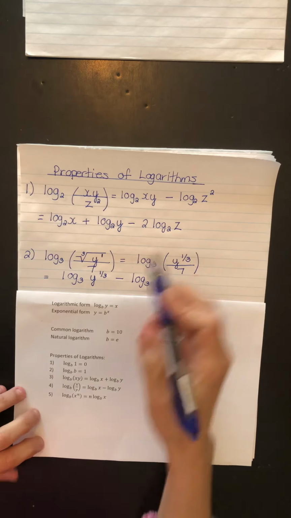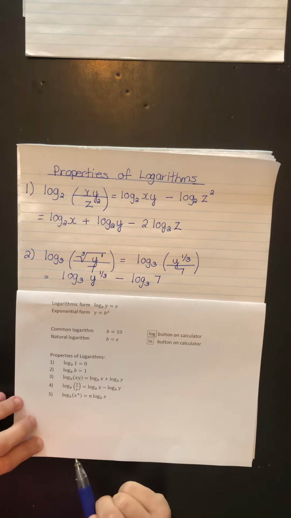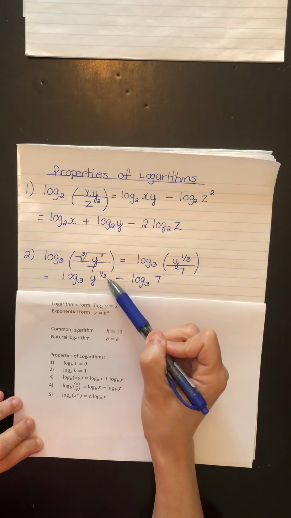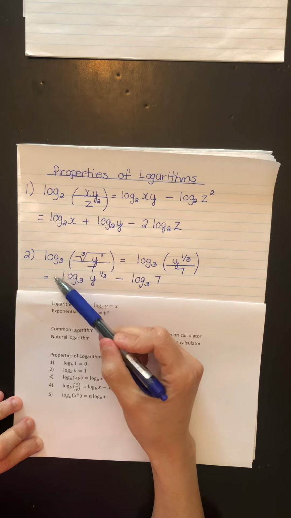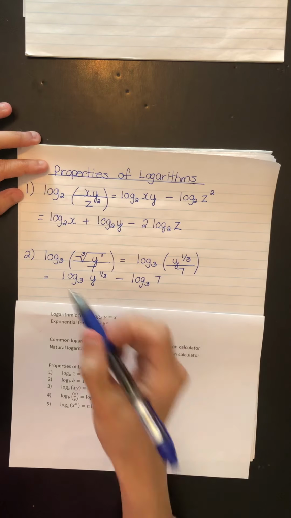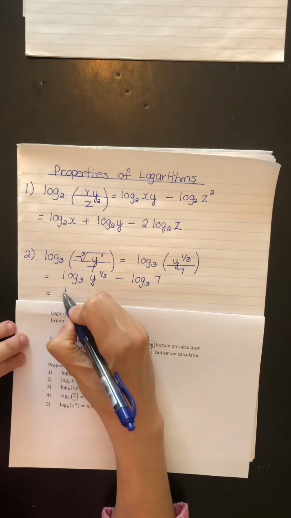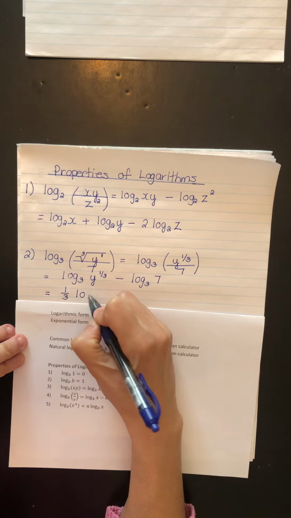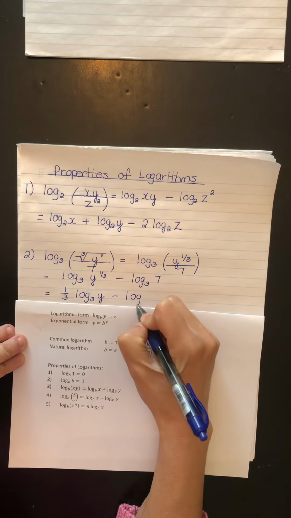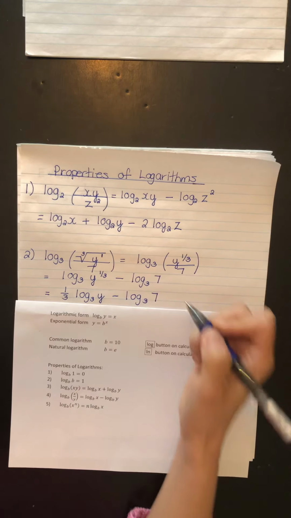Of course, the base is 3 for each logarithm. Lastly, the exponent here can be brought forward using property 5. And we'll get our final result, 1/3 log y minus log 7.